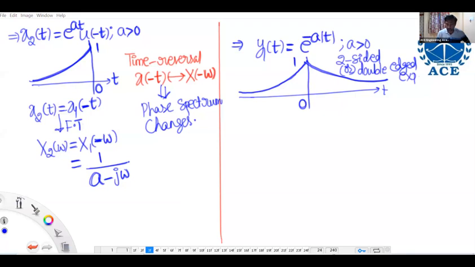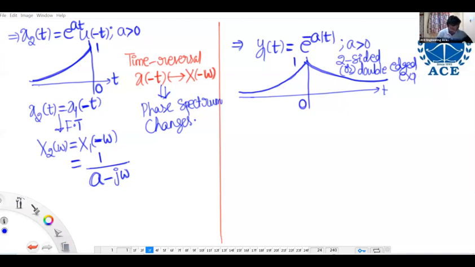Signals are added means what will happen to their spectrums? Signals are added means their spectrums are also added. It is like the linearity principle, or not?